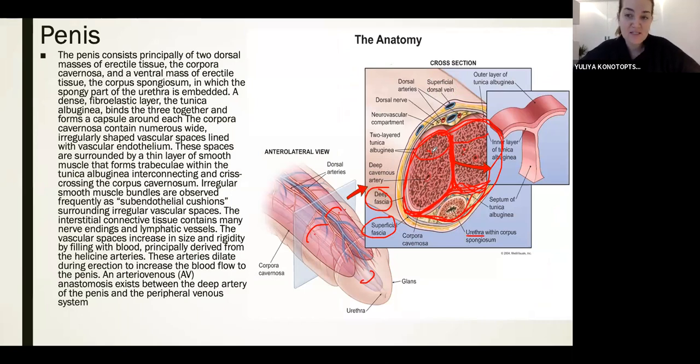And in the flaccid penis, these trabecula are contracted. They're not relaxed. If they are contracted, blood cannot flow into the sinus. So this cavernous sinus will be empty because these trabecula are contracted.